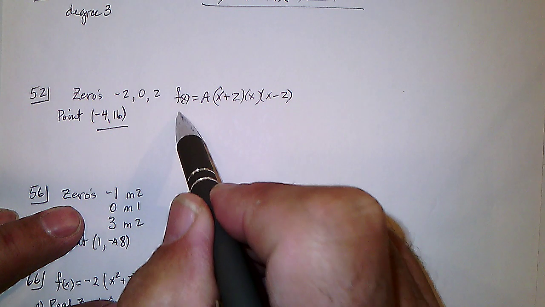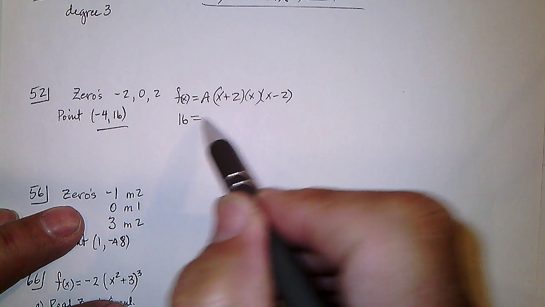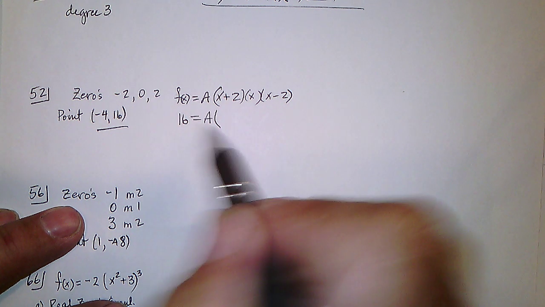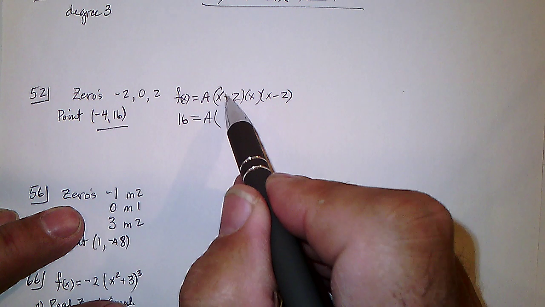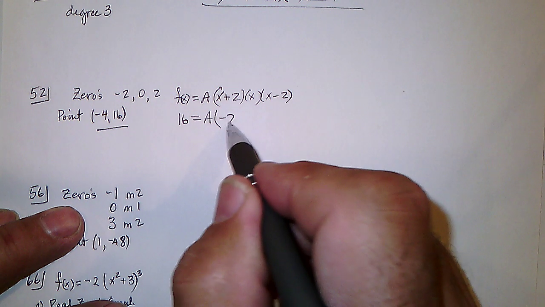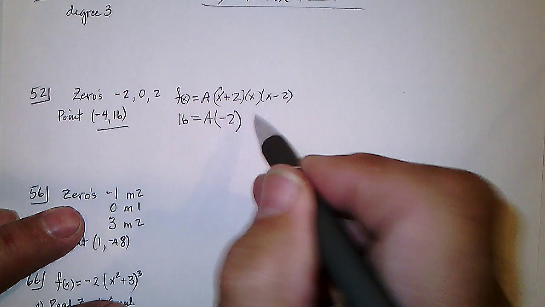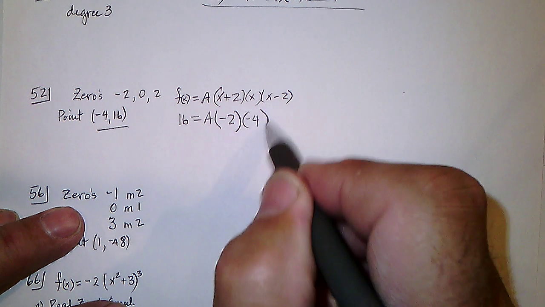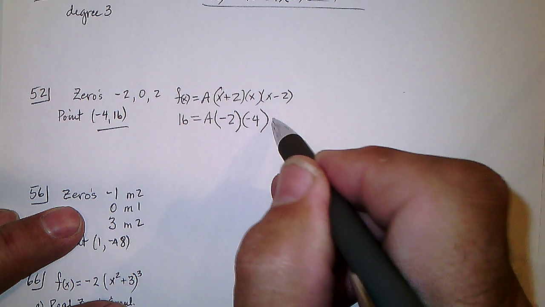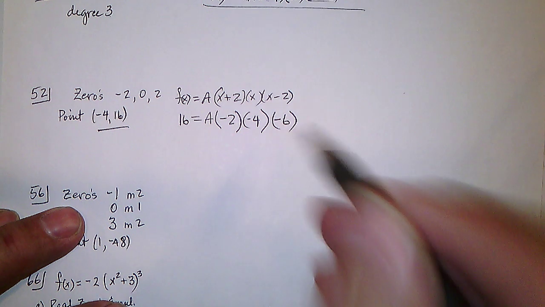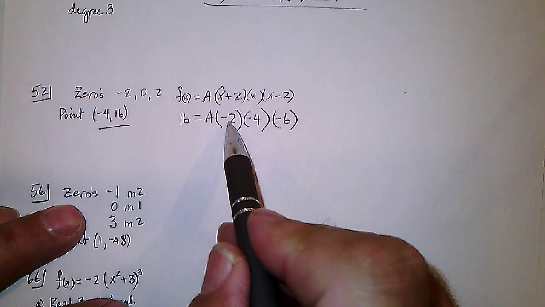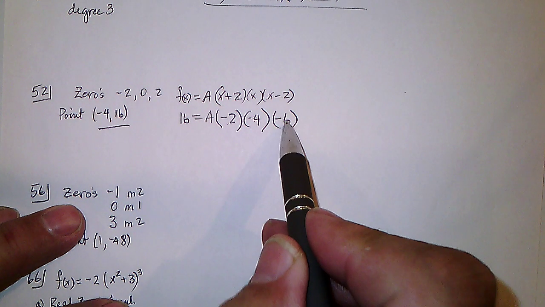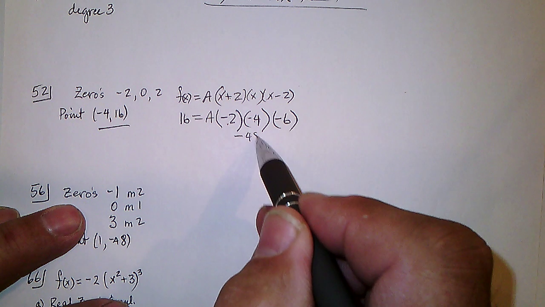Y, or f of x, is 16 when x is negative 4. So negative 4 plus 2 is negative 2. X is negative 4. And negative 4 minus 2 is minus 6.